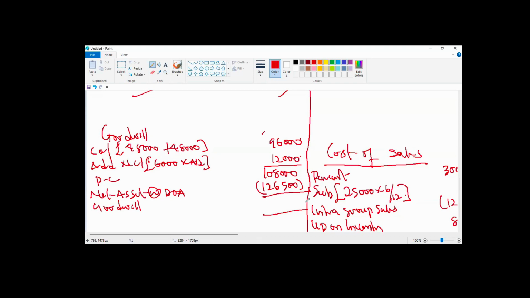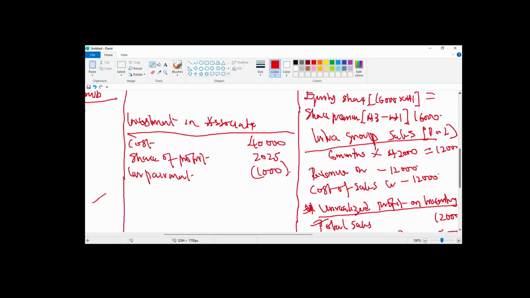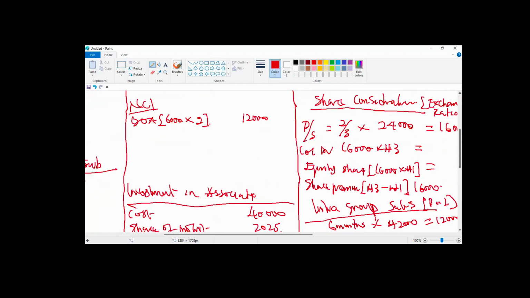What is the figure? 18,500. It is at fair value. I will not share it between the parent and NCI, because when it is fair value, the goodwill belongs to both the parent and NCI. So, 18,500.